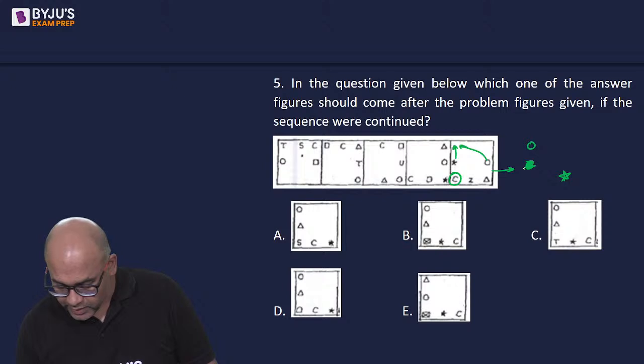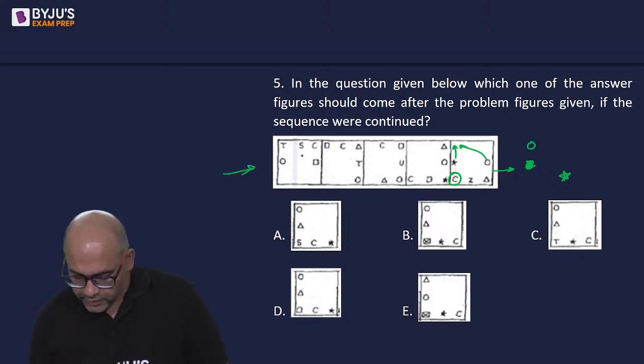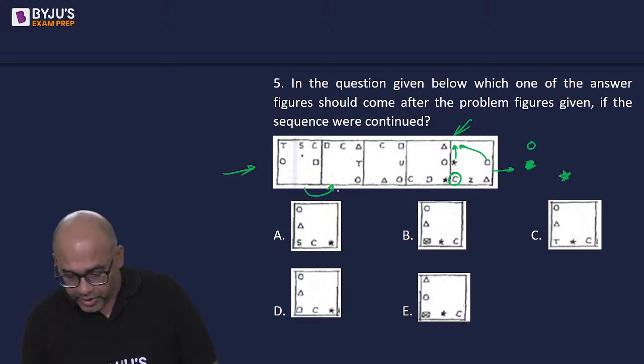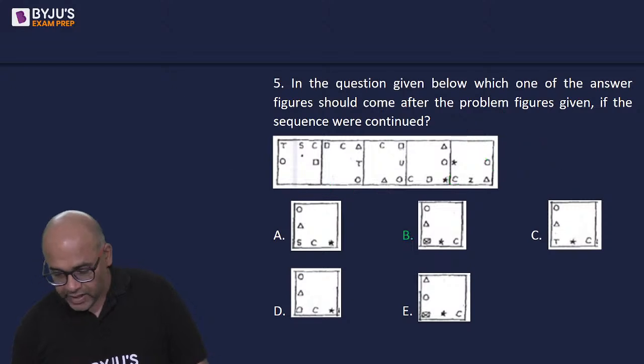Just let's see, I think. Oh, there's some error in this because the logic is not fitting continuously. Okay guys, I think there is an error in this. The logic which we are using, what happened from here to here, is not matching from here to here. So let's leave this and move on to the next question.